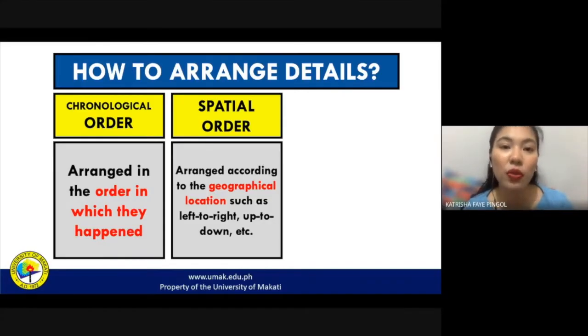So sometimes we present details in this manner because we want to give our readers a sense of being there in that particular place or particular setting. Okay, that's why we incorporate the spatial order in writing our text.